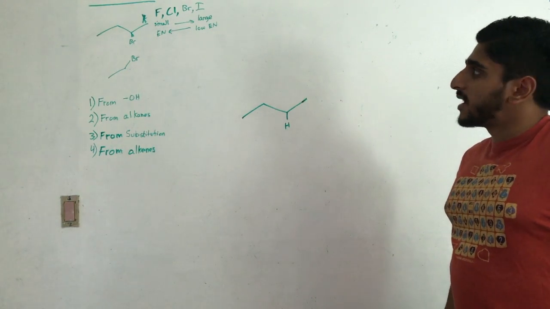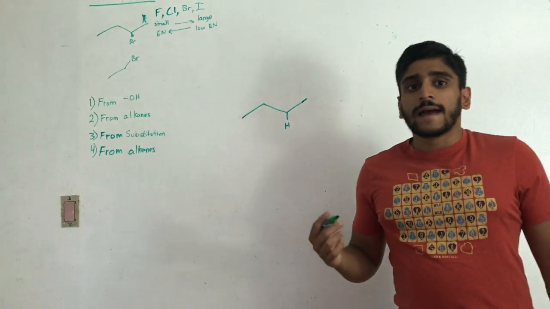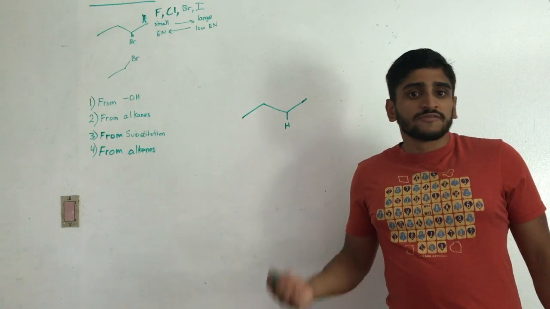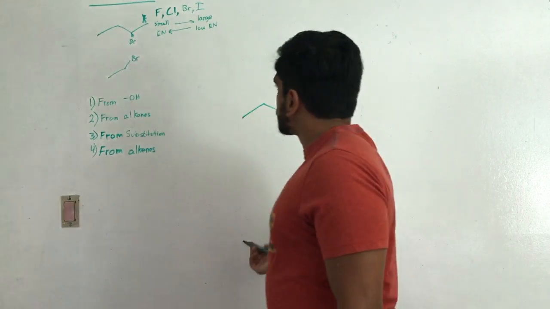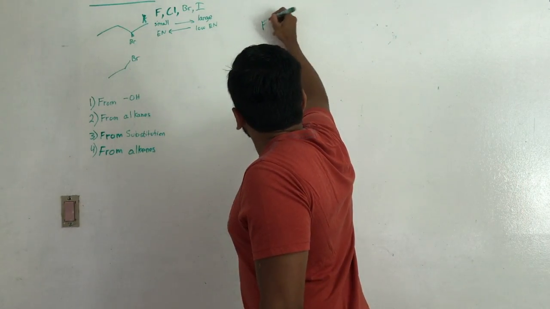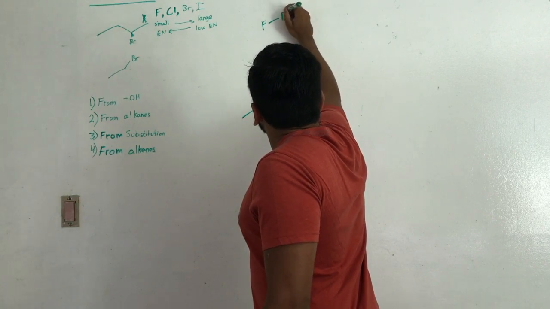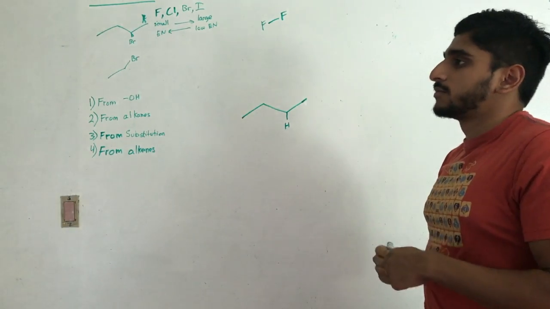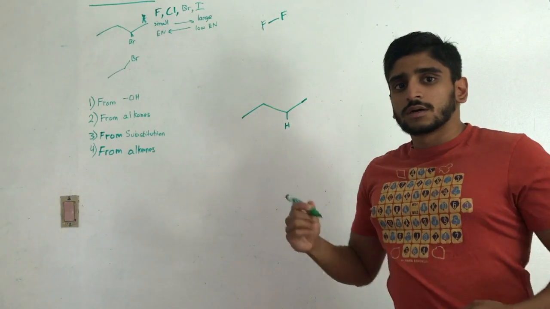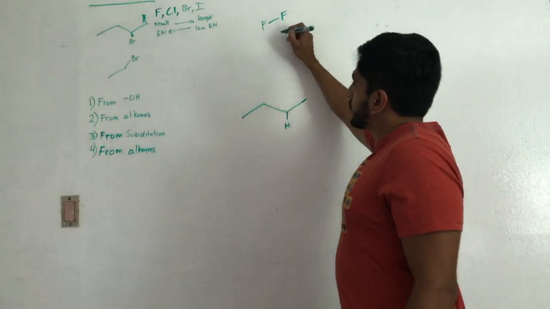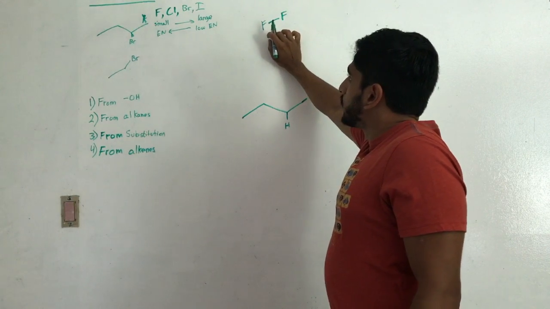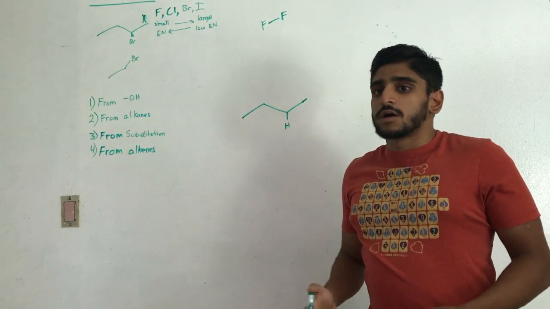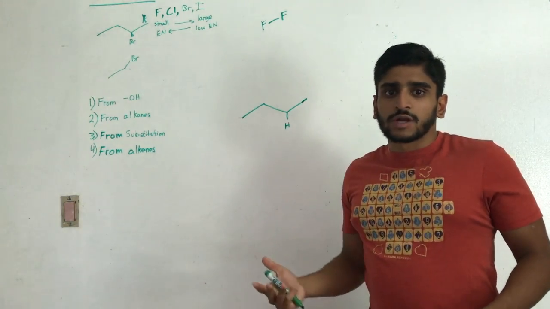So keep in mind that all halogens in their natural form in the environment are diatomic, right? So just as a review, a diatomic molecule is the smallest possible unit of the pure form of an element. So diatomics are hydrogen, nitrogen, oxygen, fluorine, and all the halogens.